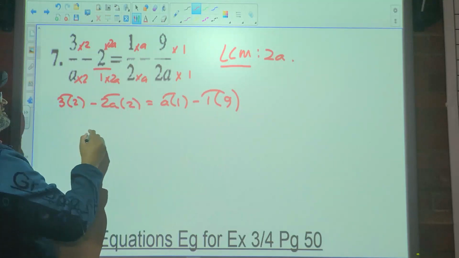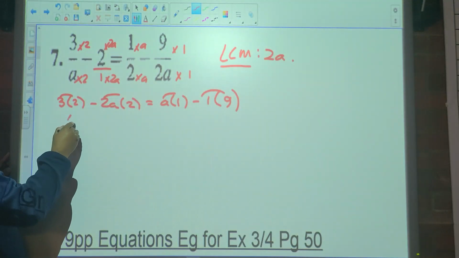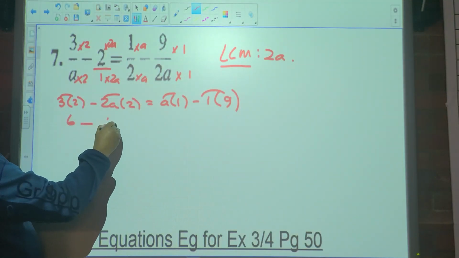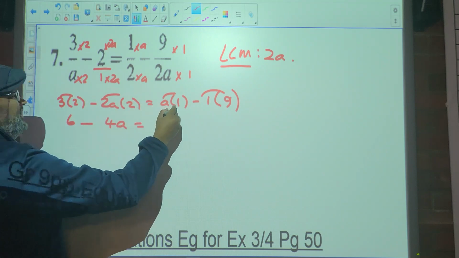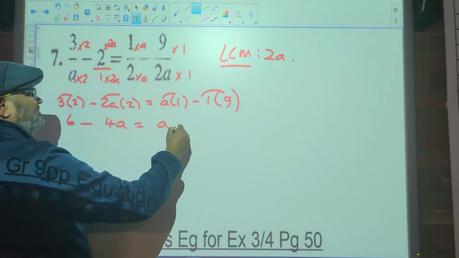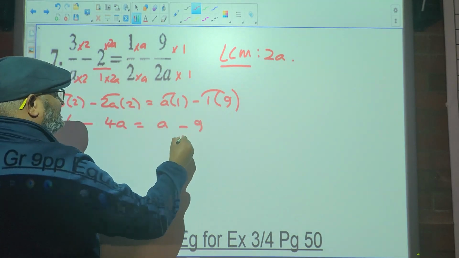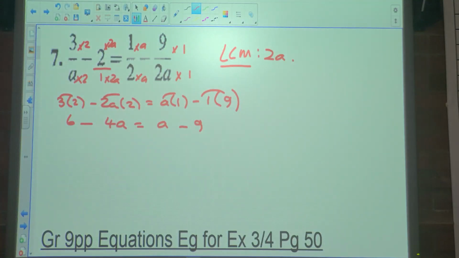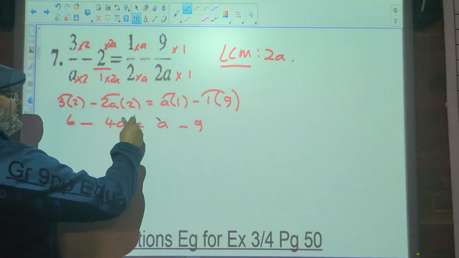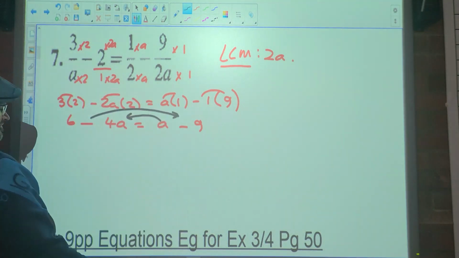Get rid of the brackets. The 2 times 3 is? Minus 2a times 2? 4. Right. A times 1? Minus 9. Now what? Variables one side, numbers the other side. Not so.